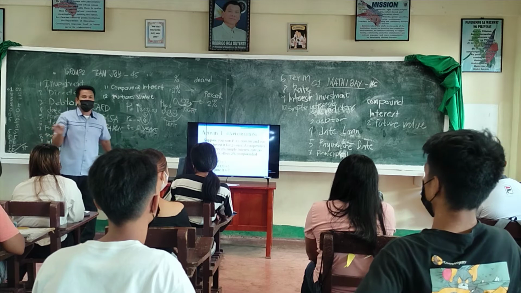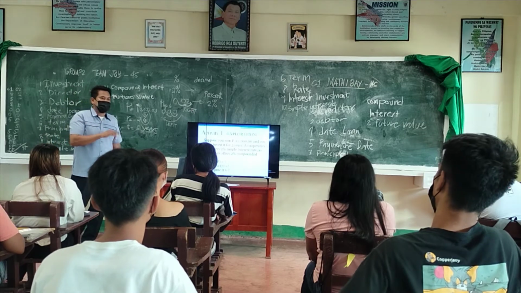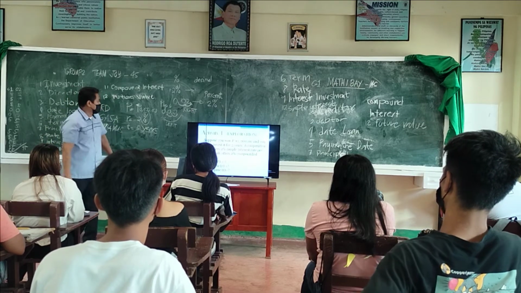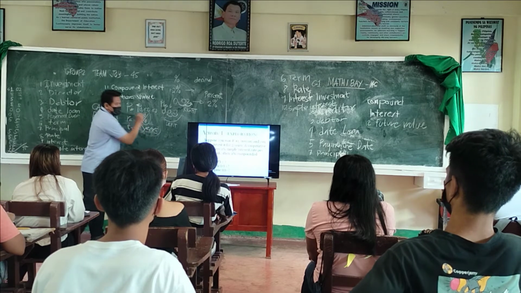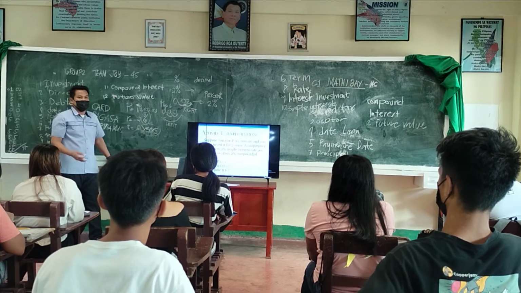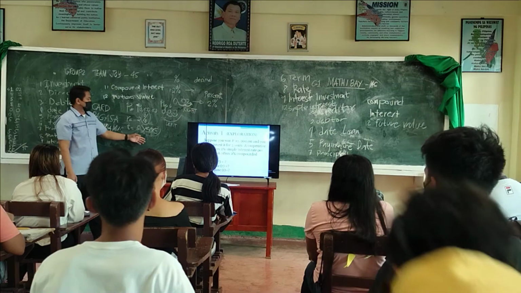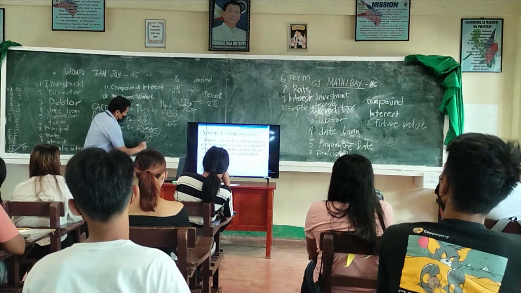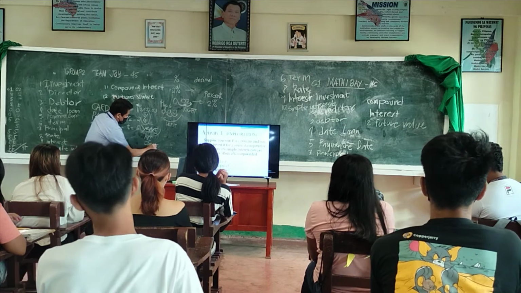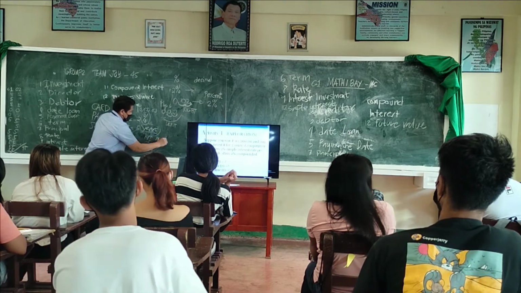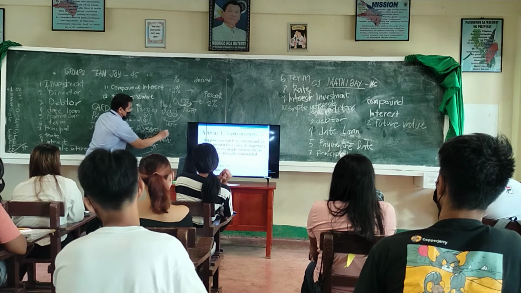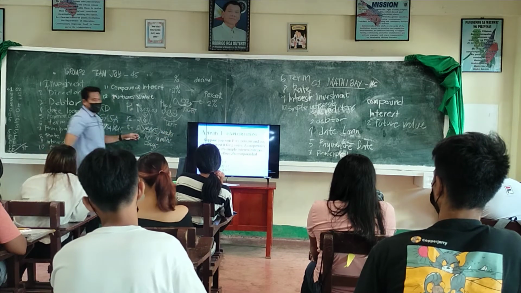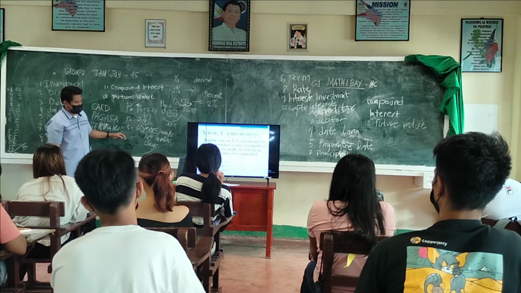The time or term has a unit, which here is years. What are some of the other units? Aside from years: hours, days, very good, months, weeks. Those are some of the units of time or term.